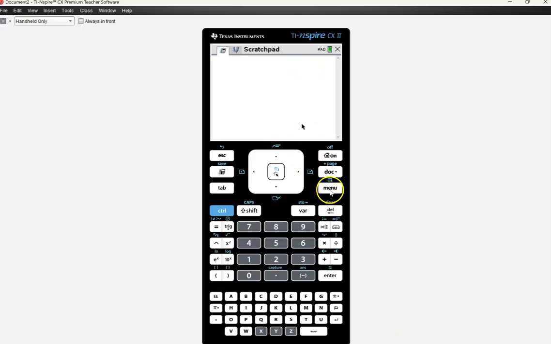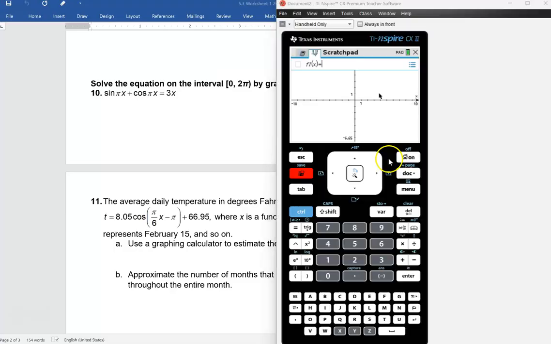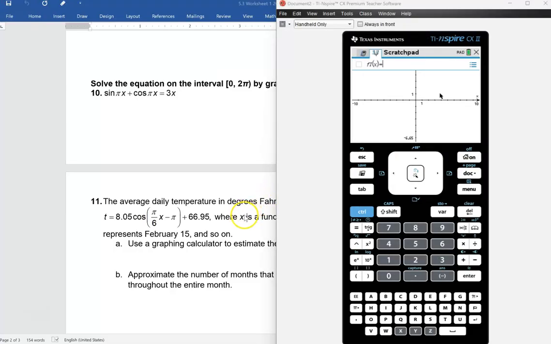Okay, so here you would do sine pi x plus cosine pi x for F1, and then 3x for F2, and then you get your answer, and it turns out to be how much? Yeah, so I got 0.3.